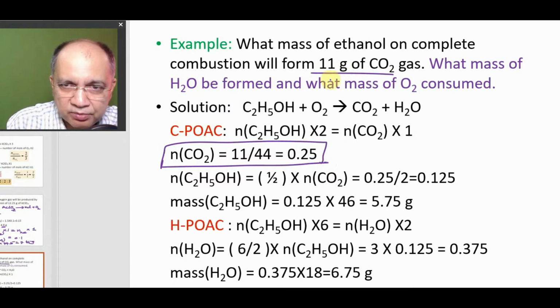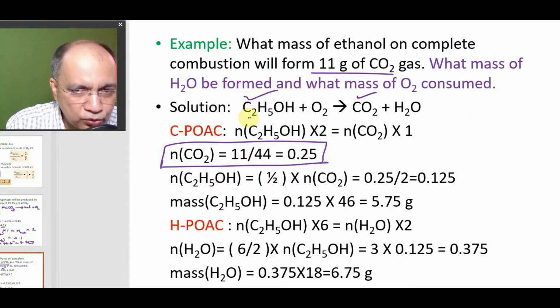So the number of moles of carbon dioxide, let us first find out. That is mass by molecular mass, 11 by 44, 0.25. Let us first go for carbon POAC. Carbon is here, nowhere else. So the number of moles of ethanol into 2, number of moles of carbon dioxide into 1. Then the element carbon is conserved.